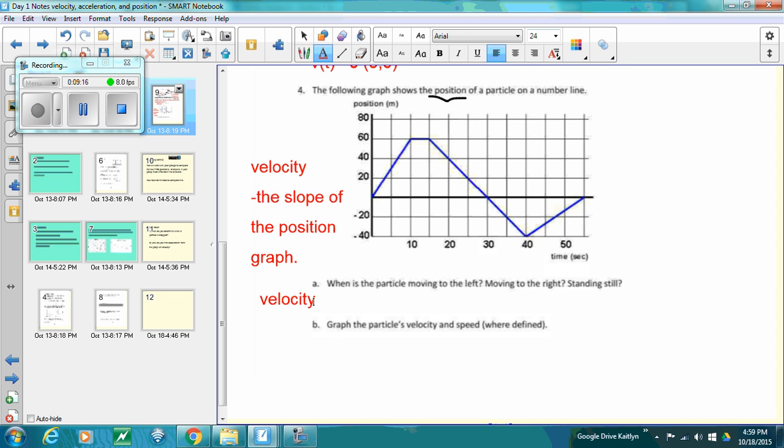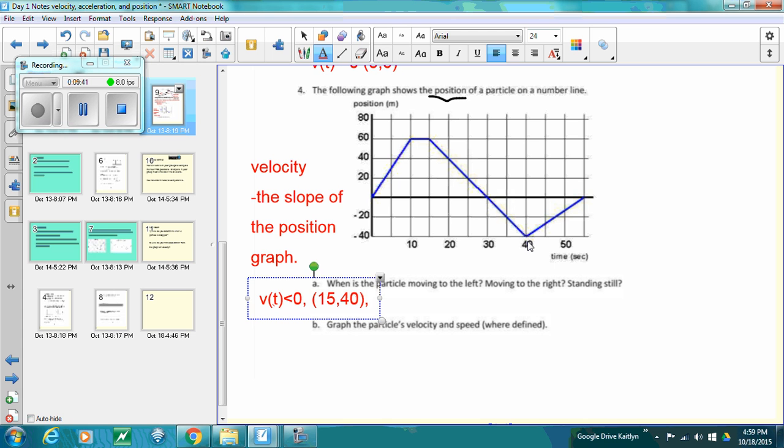So when it's moving left, our velocity is negative. So we need when the slope is negative. And so that would be, if we look at our time interval starting here, which is time t equals 15, until we get all the way down here to t equals 40.